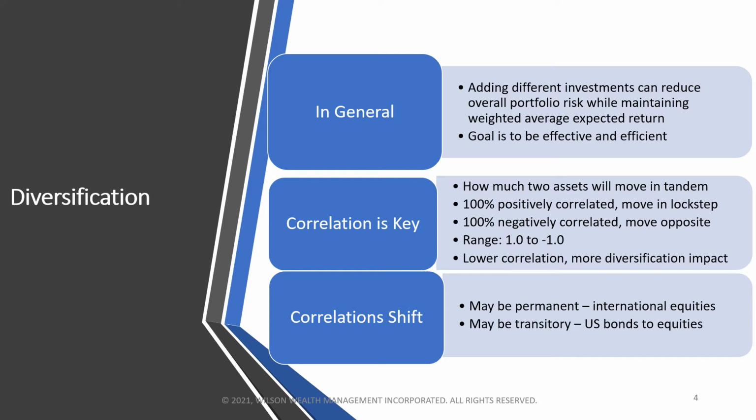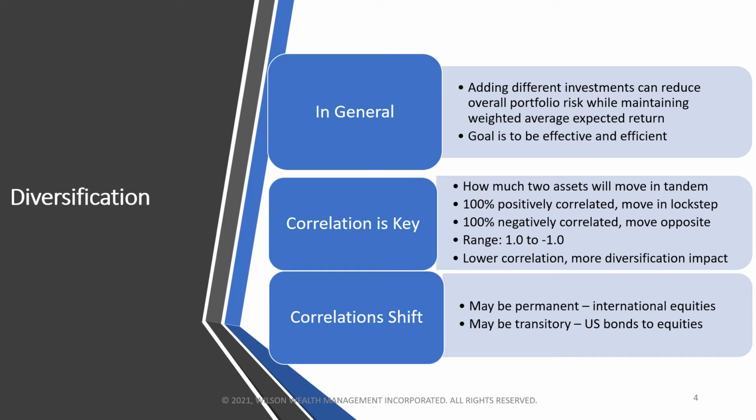But where will the relationship be in 5 years, in 10 years? So there's really no guarantee that US bonds and equities will continue to be excellent diversifiers going forward.